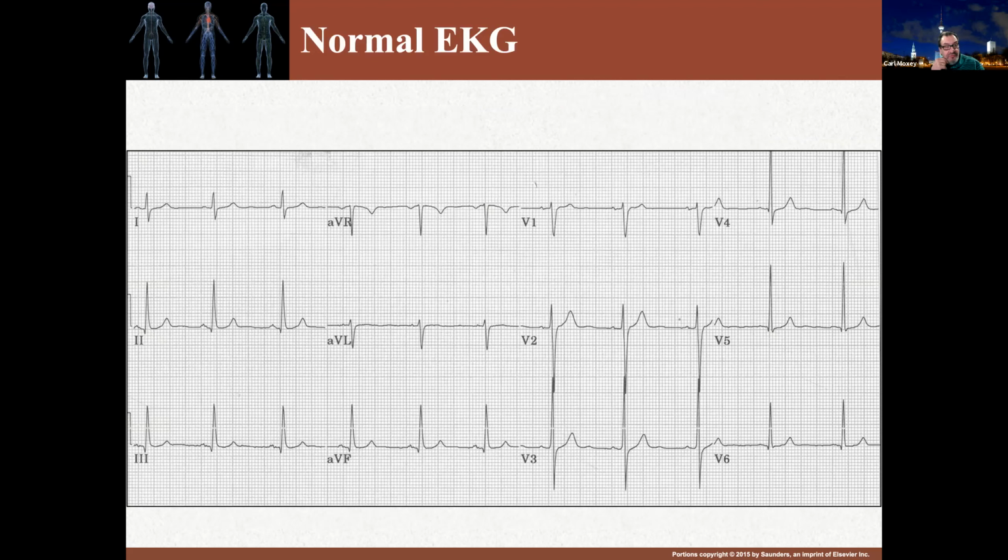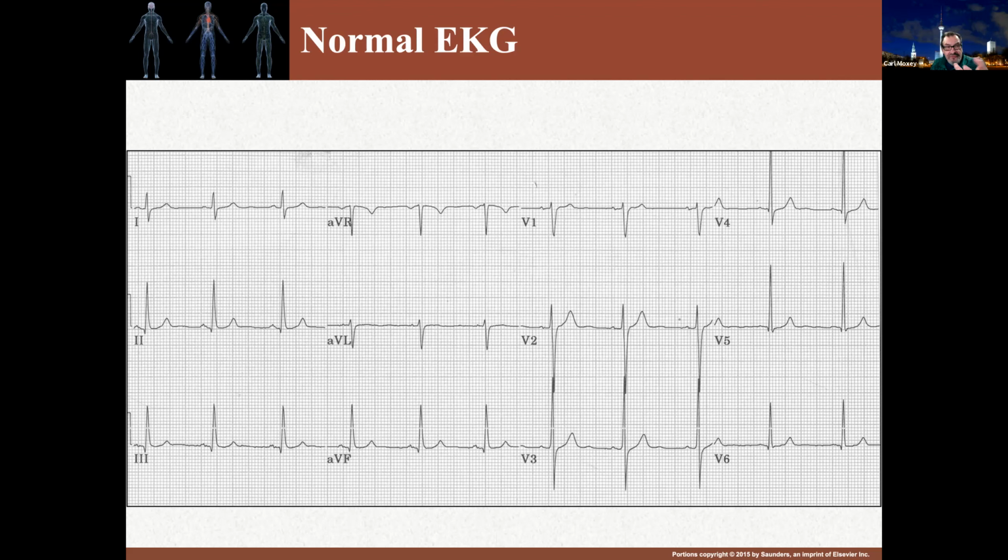So here is a normal EKG. I actually showed you at least one of these in the last slide, last lecture. But I'm going to sit on this for a little bit of time and remind you about the electrical conductance system within the heart. So it is the sinoatrial node where the impulse is going to start.